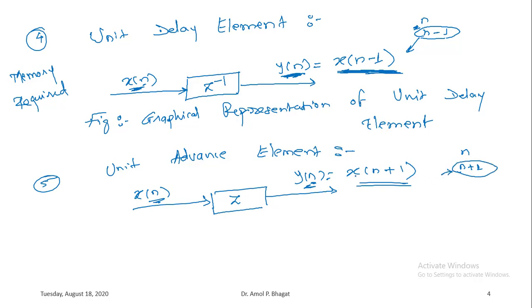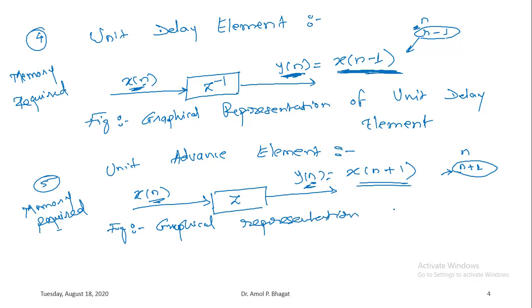That means you have to store these future inputs in the memory. So therefore, memory is required in this operation, right? So this operation requires memory. Again, this is nothing but the graphical representation of the unit advance element.